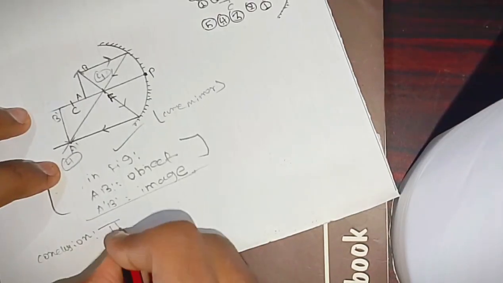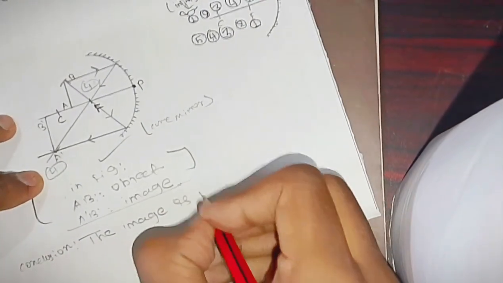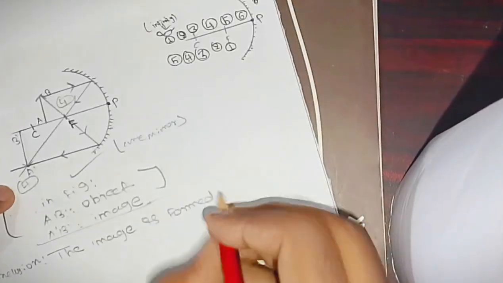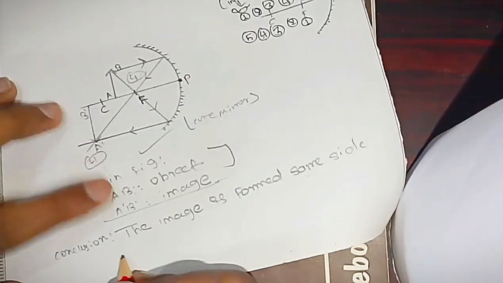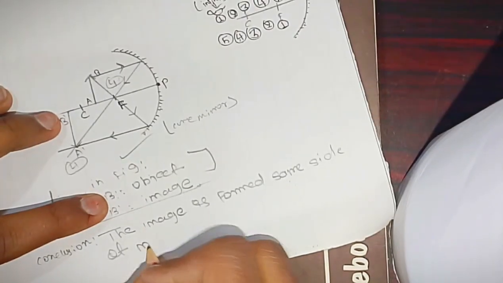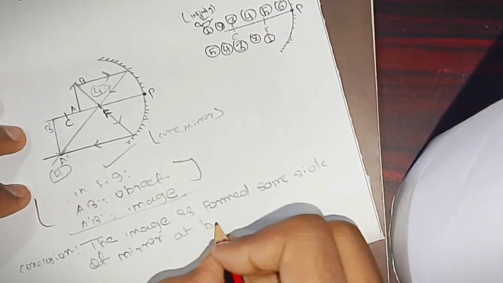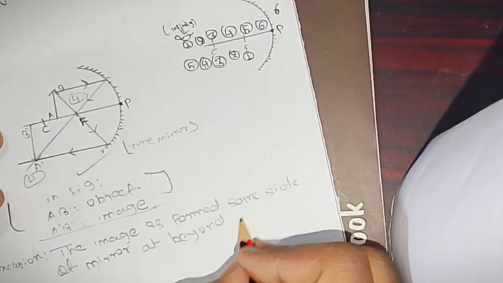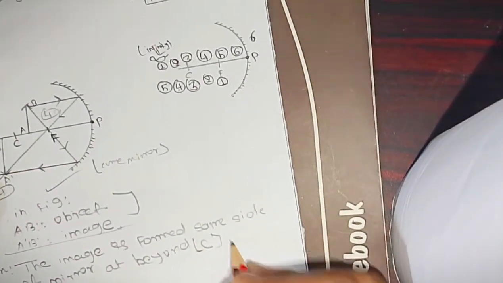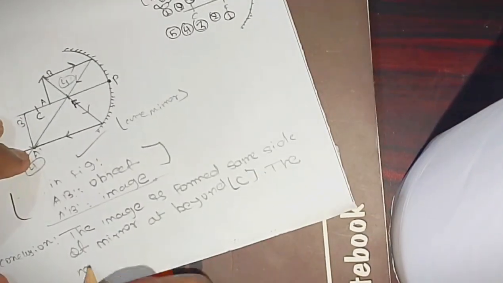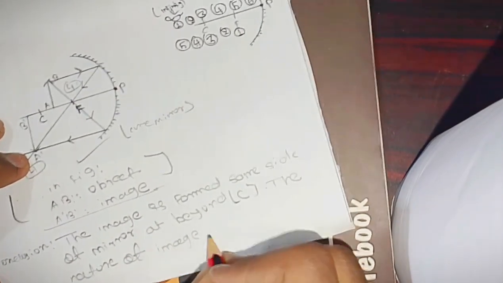The image is formed on the same side of the mirror at beyond C. C represents the center of curvature. The nature of the image is here.